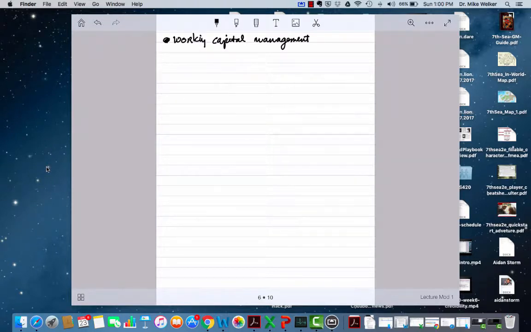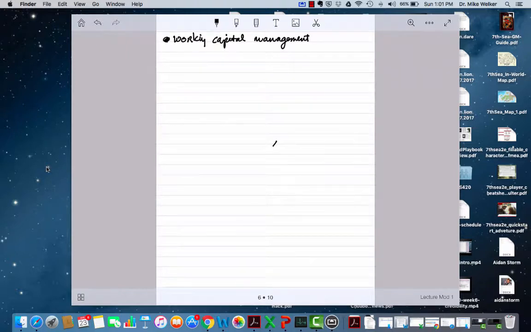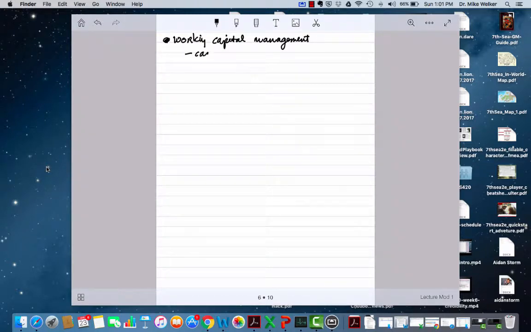The idea of working capital management is taking current assets and current liabilities of the firm and managing those, right? How much cash should I have, right? Cash holdings in the firm. What kind of credit policies should the firm pursue? How much inventory would the firm maintain?